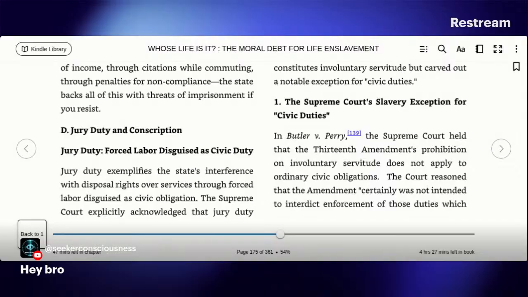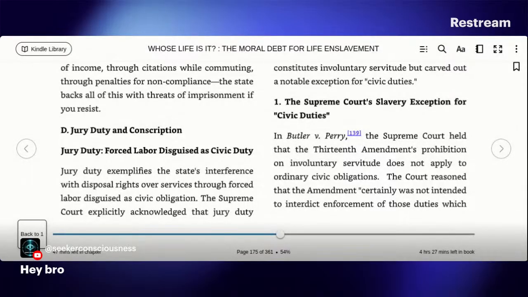Jury duty exemplifies the state's interference with your disposal rights over services through forced labor disguised as civic obligation. The Supreme Court explicitly acknowledged that jury duty constitutes involuntary servitude, but carved out a notable exception for civic duties.